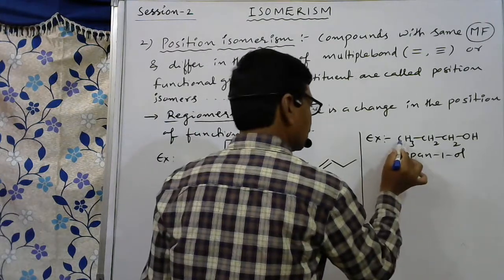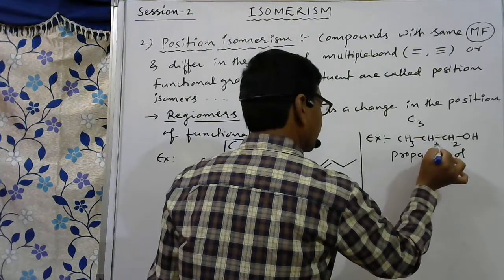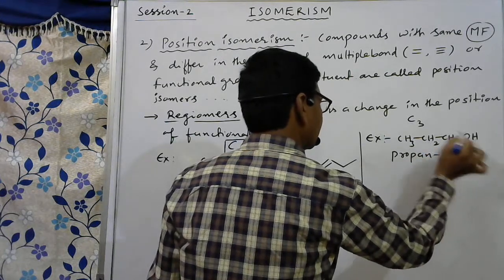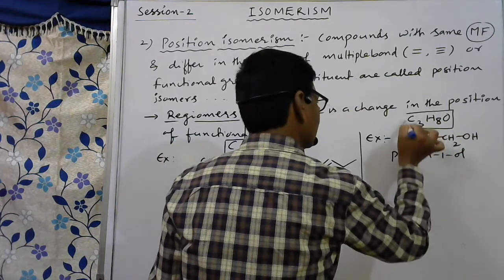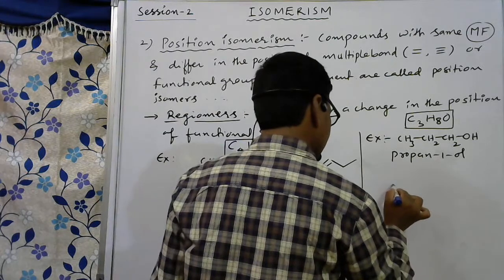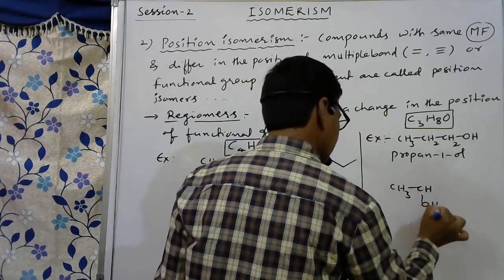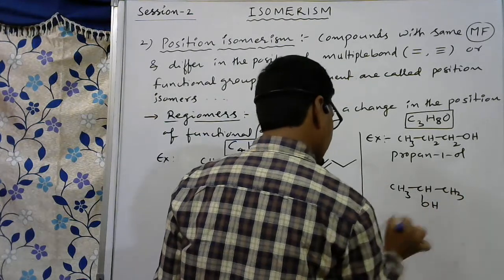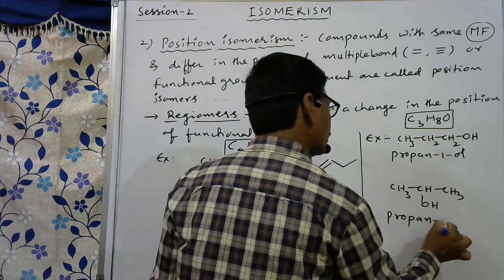What is the molecular formula? 1, 2, 3, so C3. Hydrogens: 3 plus 2 is 5, plus 2 is 7, and here 1 hydrogen. So C3H8O is the molecular formula. For the same, we can write CH3, CH, with the OH group here, then CH3. This is propan-2-ol.